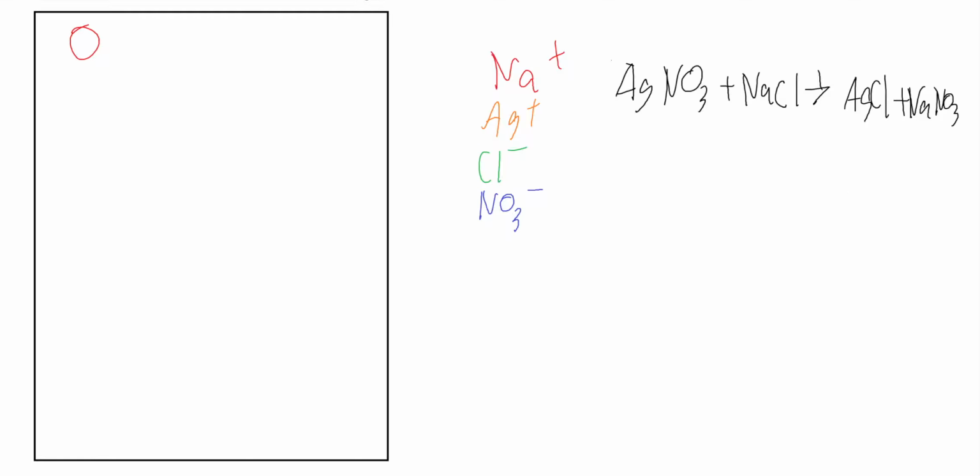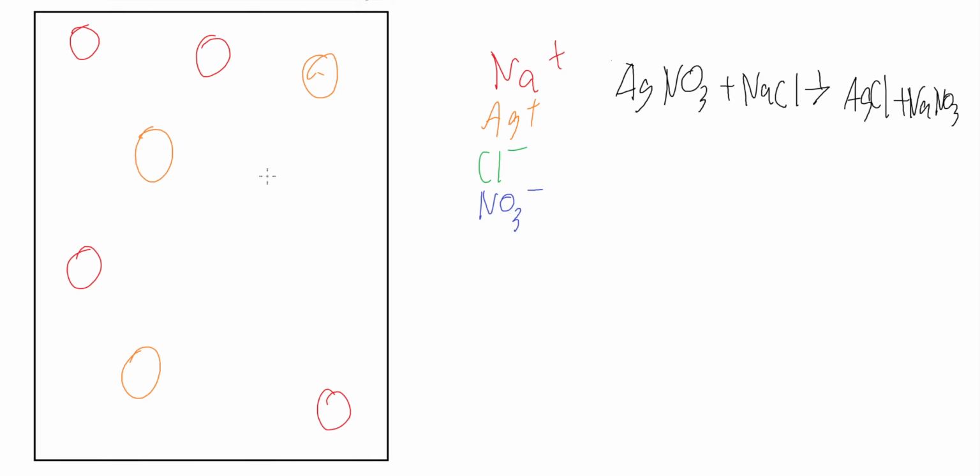So if we assume that all of these, we'll say, have 4 circles: 1, 2, 3, 4, and the beaker is obviously filled with solution, right? We can assume that silver plus also has 4: 1, 2, 3, 4.